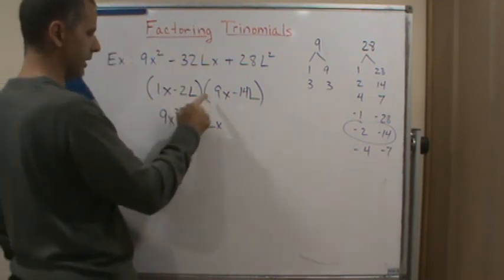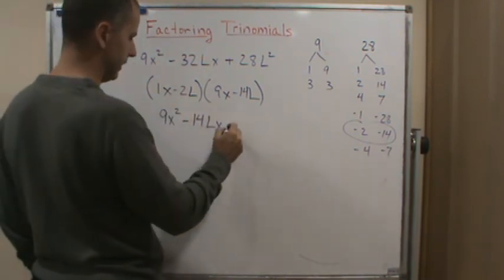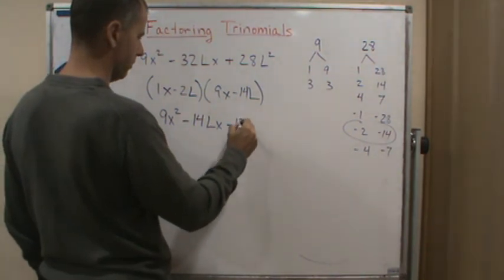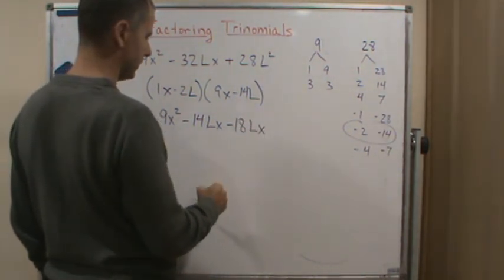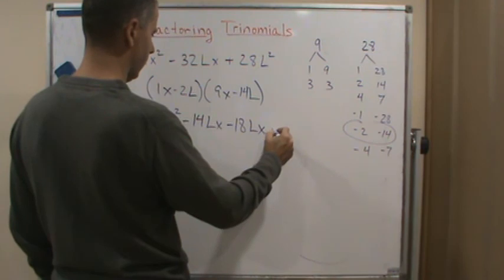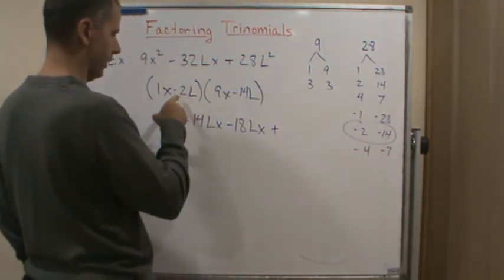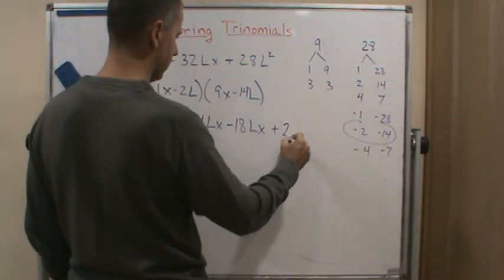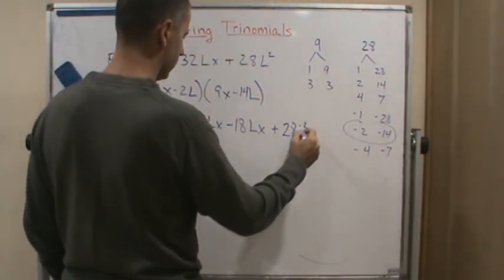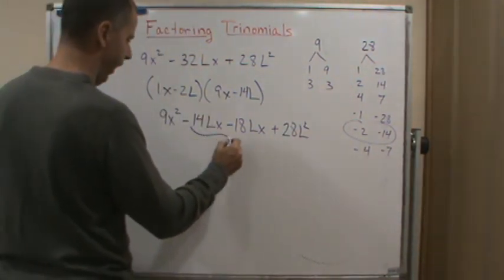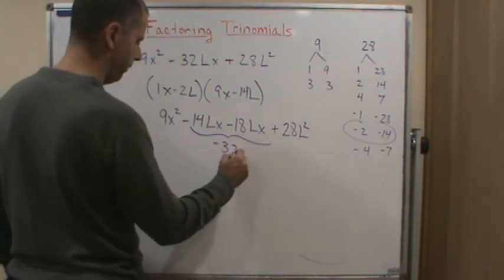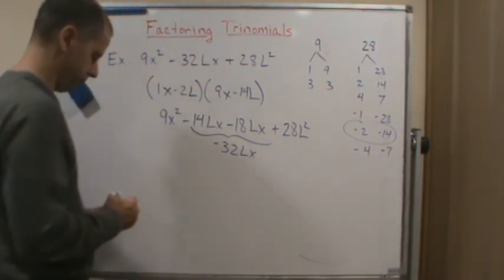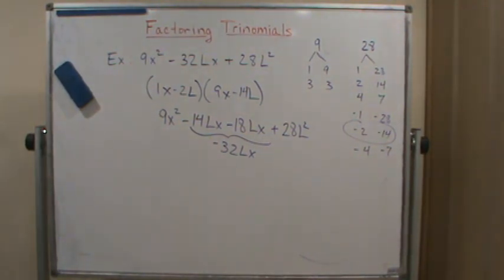And then the inside is going to give me a negative 18LX, plus, this is going to give me a positive 28L squared. And we got it. Okay, so that worked.